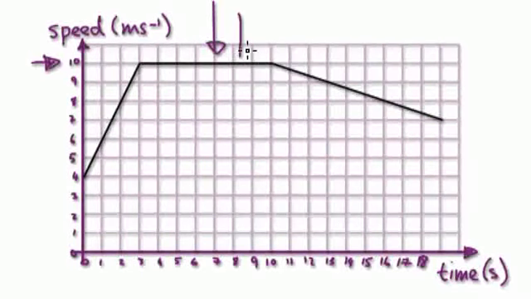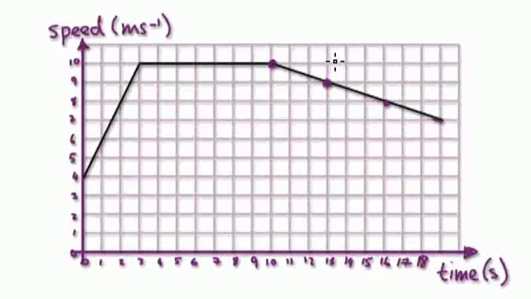So here the acceleration is zero. Even though the acceleration is zero, you're still traveling, because you're traveling at 10 meters per second. Here, the gradient is negative. So what that means is your acceleration is negative.